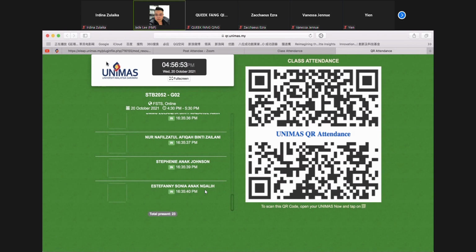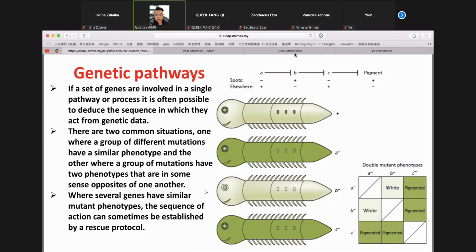Don't be too happy if you have a certain gene that you knock out, you look at the phenotype, you're so happy. But you always need to double confirm the phenotype by doing some rescue experiment or protocol.